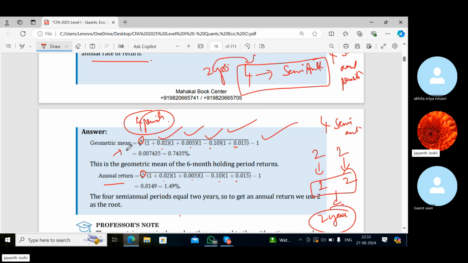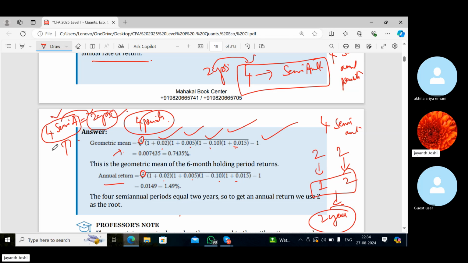But if I go for annual return, I'm going for 2 years only. So if I go for annual return, I take 2 years. If I go for geometric return, I take the 4 semi-annual periods. Geometric returns take the exact number of periods, while annual return takes 2 years, despite the 4 semi-annual periods.